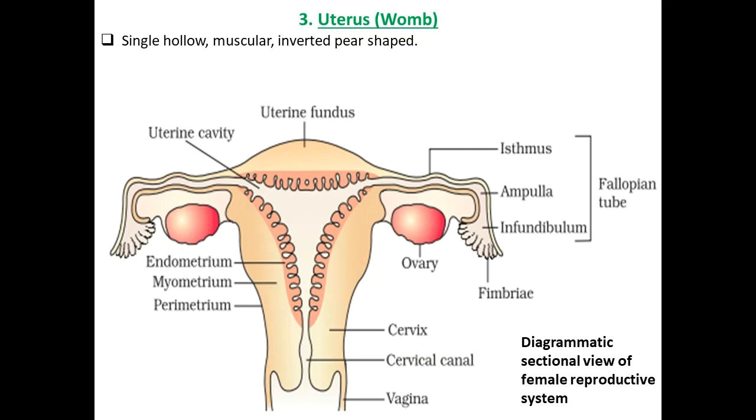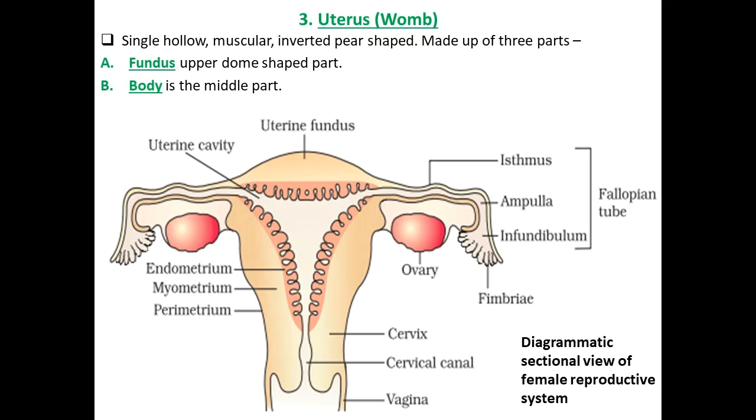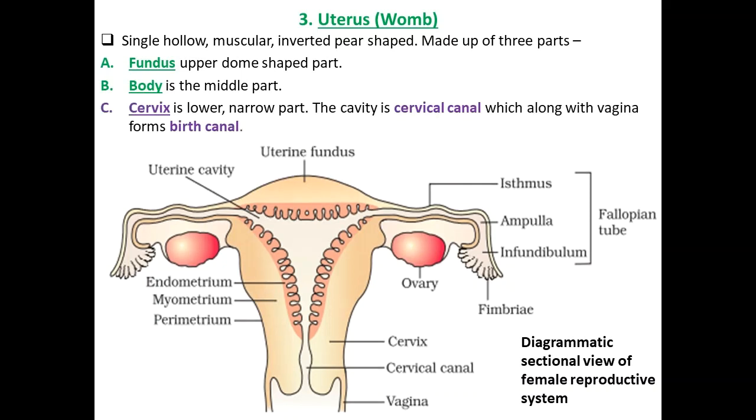The upper dome shaped part is called the fundus. The middle broad part is called the body, and the narrow lower part is called the cervix.